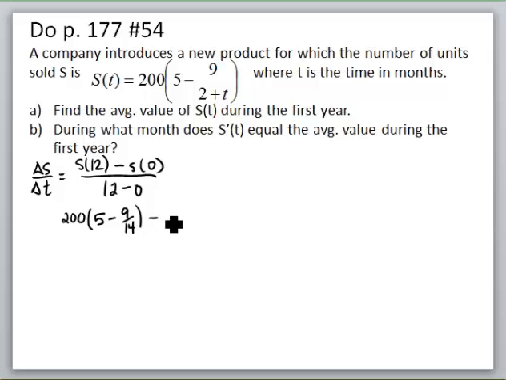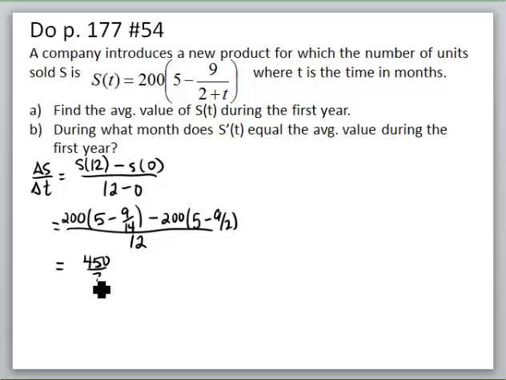And then we have minus 200 times 5 minus 9 halves, all over 12. I've used the calculator to compute this and it comes out to be 450 over 7. So that's part A. During what month does S prime of T equal the average value?